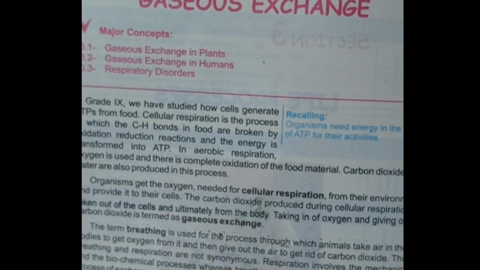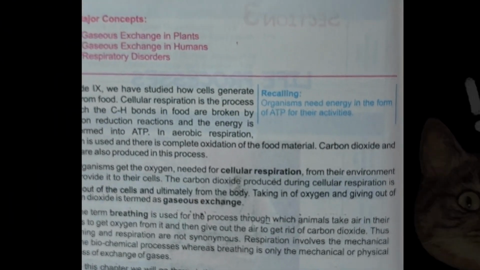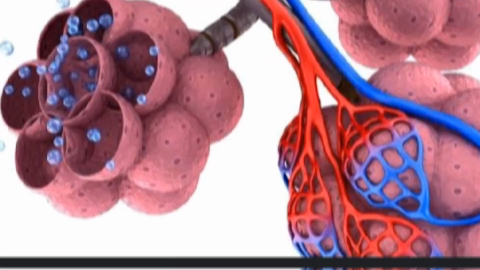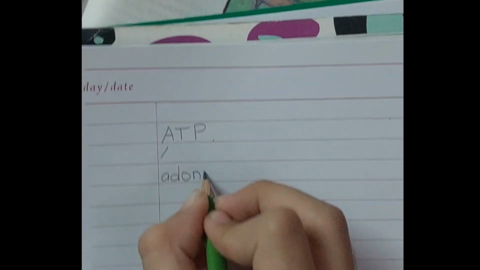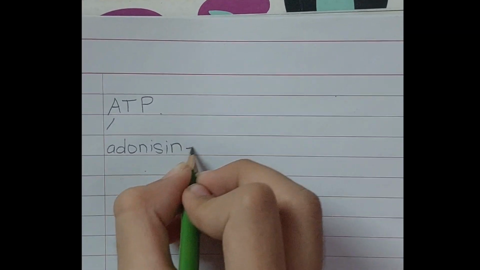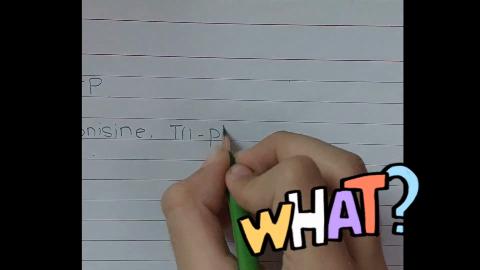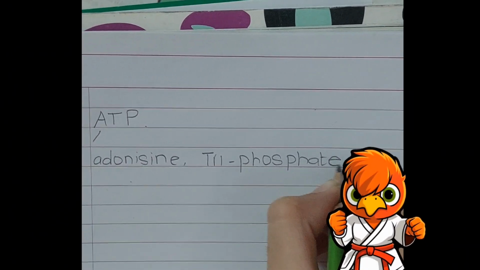Now what is ATP, which we have learned in Grade 9? These are energy carriers in which cells store their energy in the form of ATP. ATP is adenosine triphosphate. Right?